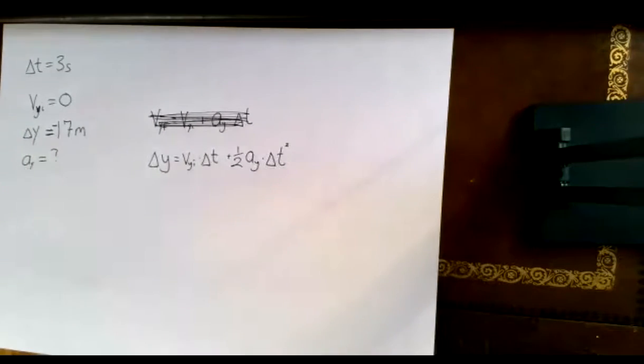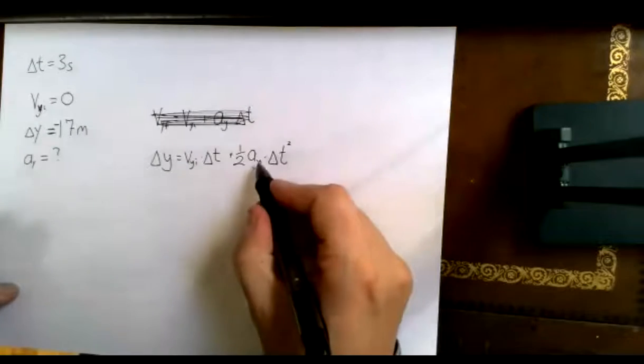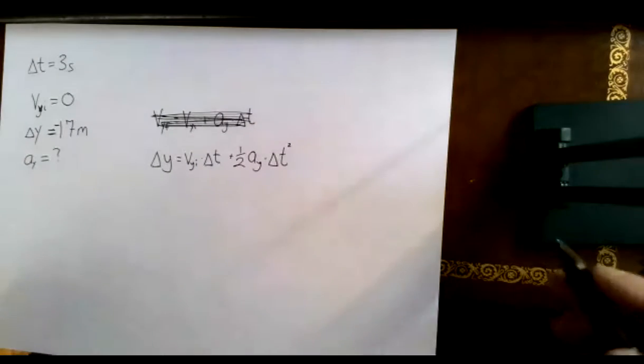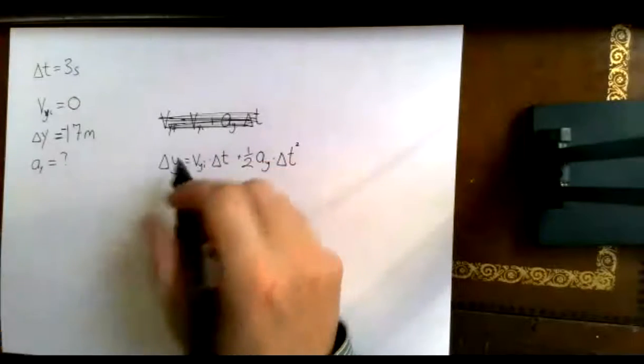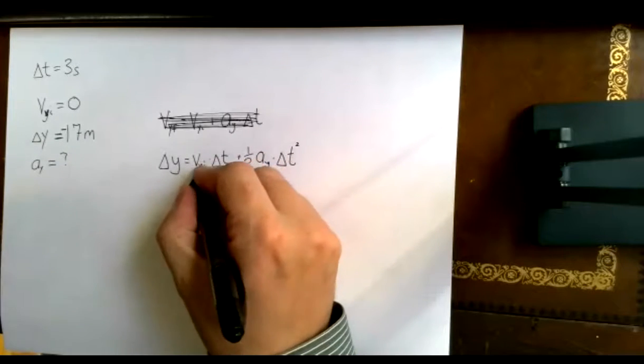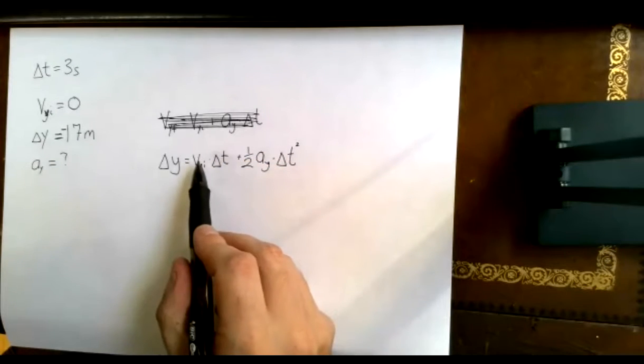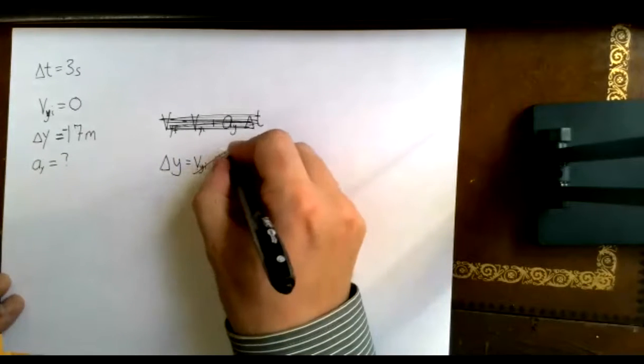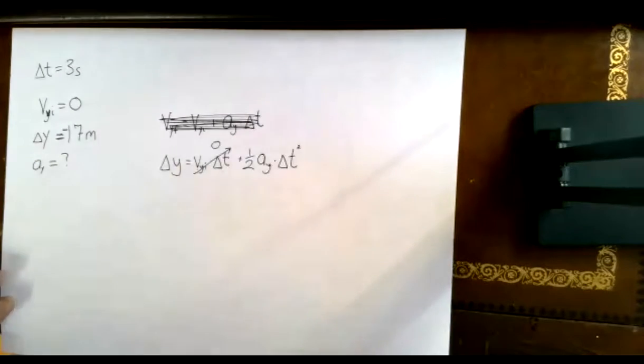All right, so now we've got to do the rearranging, right? We need this acceleration by itself. This is going to be much easier to rearrange if we remember that when Vyi is 0, Vyi times time, whatever time is, is still going to be 0. 0 times anything is 0.